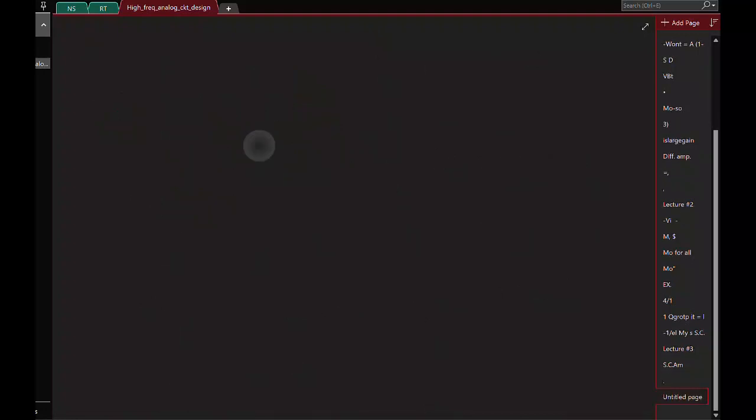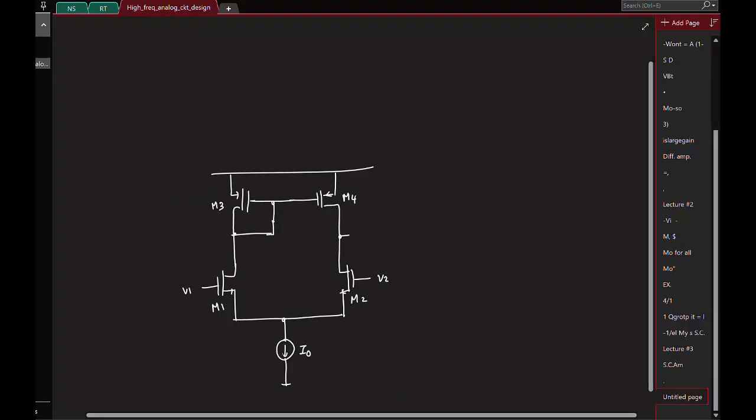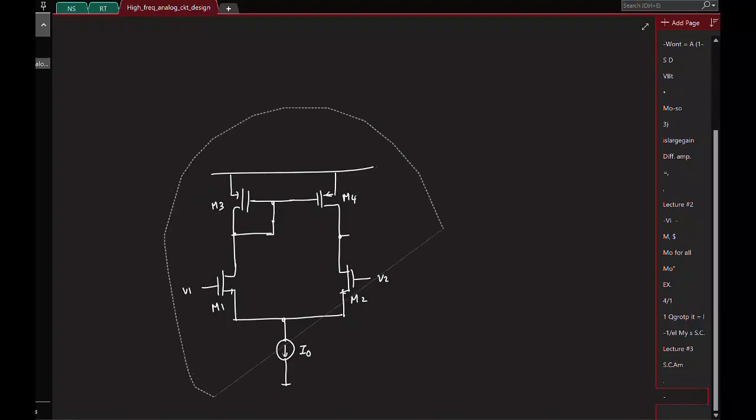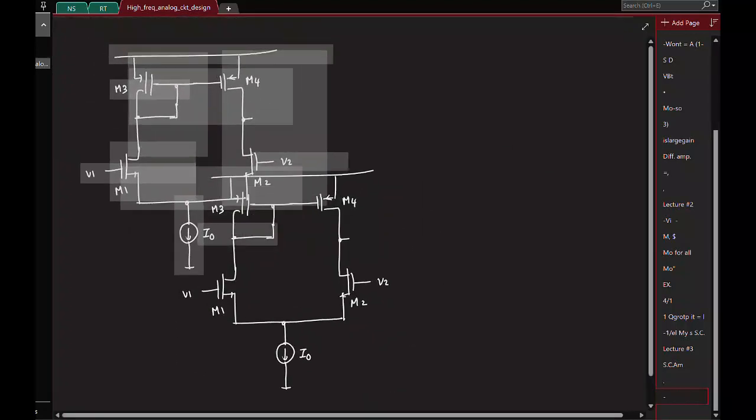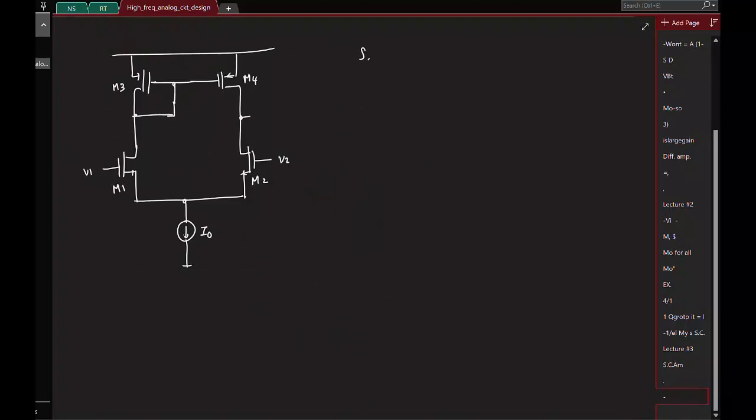So now let's paste this guy. For this guy, now we know the short circuit GM is the GM of the transistor M1, and the output resistance is R02 parallel R04. So the gain is approximately GM1 times R02 parallel R04.